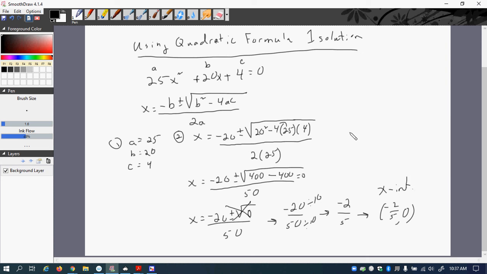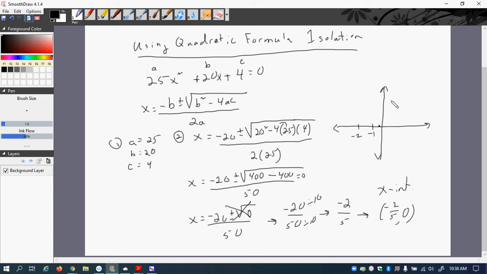And what it's telling me is if I was to graph this equation, and right now I can't because of the way this is set up, but if I was to graph it, here's negative 1, here's negative 2. Negative 2/5 is pretty small. It might be right around here.